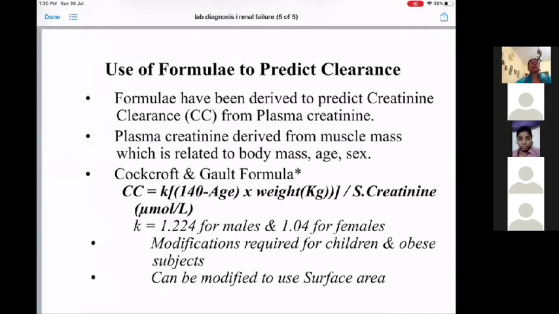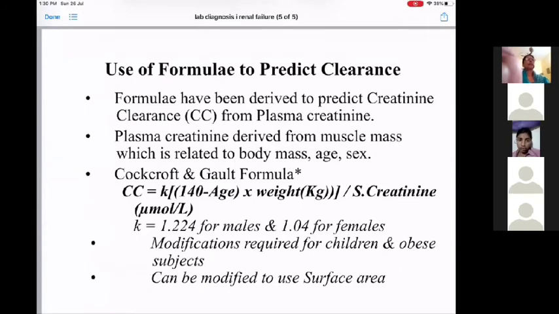Use of a formula to predict clearance: the Cockcroft and Gault formula is very important. In the Cockcroft and Gault formula, creatinine clearance is K into (140 minus age) into weight in kg, upon serum creatinine in micromole per liter.